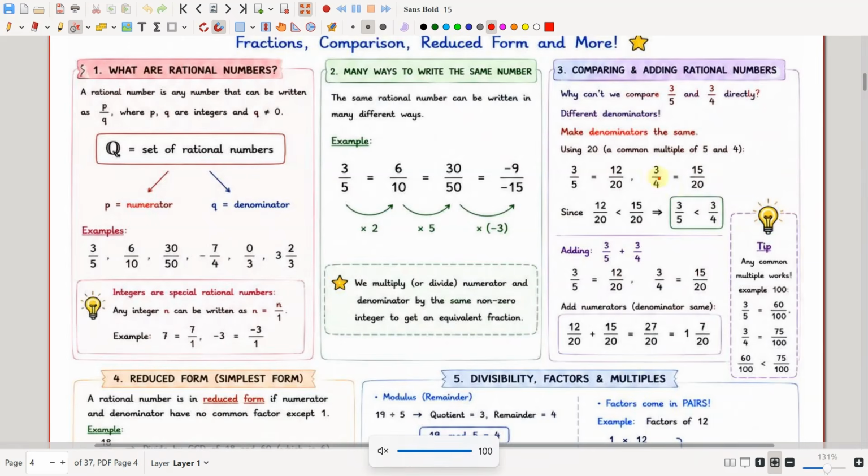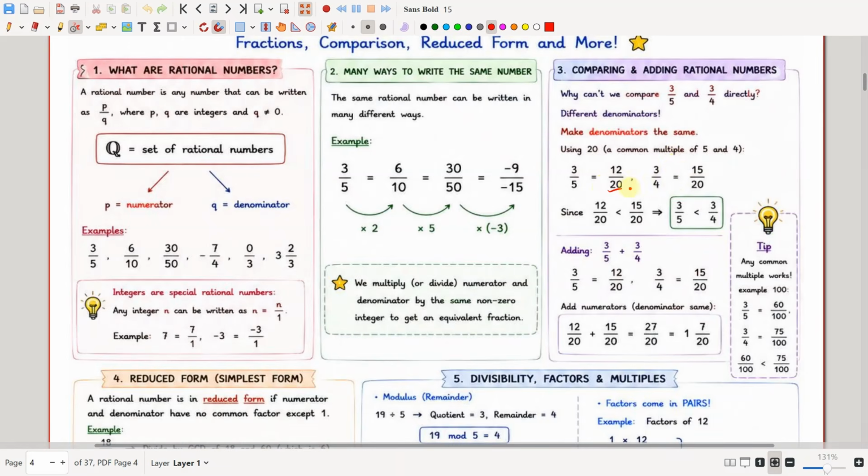So we are going to convert both these fractions by using 4 and by using 5 to get the common denominator as 20. When I multiply this one by 4, I'll be getting 12 by 20, and when I multiply this by 5, I'll be getting 15 by 20.